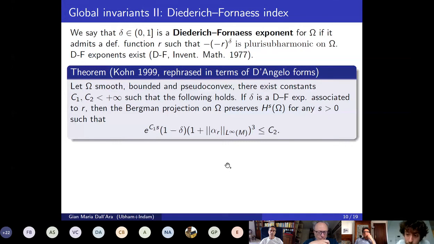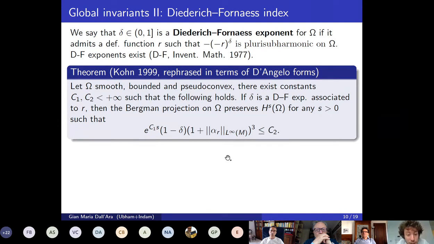Whenever delta is a Diederich-Fornaess exponent associated to a defining function r, so recall that a Diederich-Fornaess exponent comes with a defining function, then the Bergman projection on the domain omega preserves the Sobolev space H^s for any s that satisfies this complicated, admittedly, inequality.